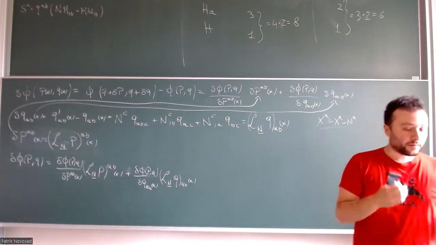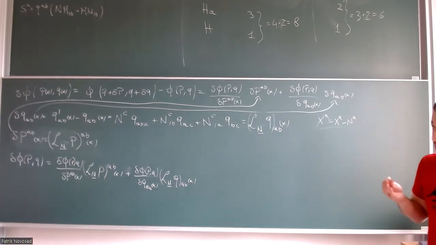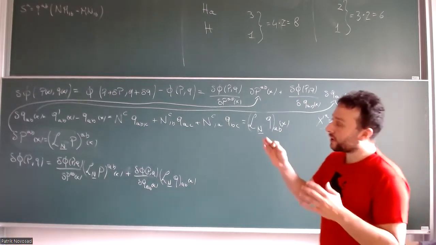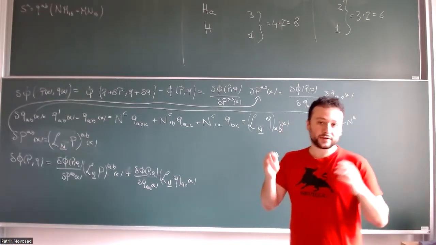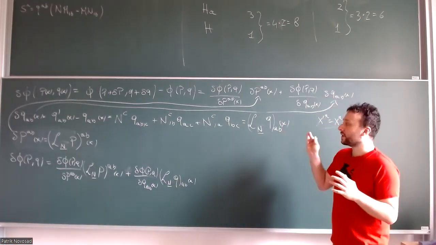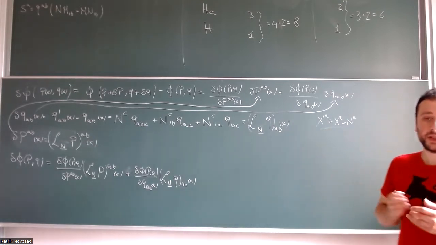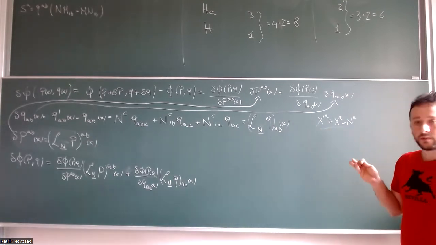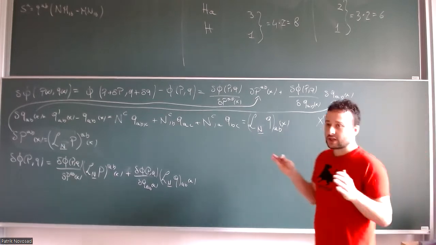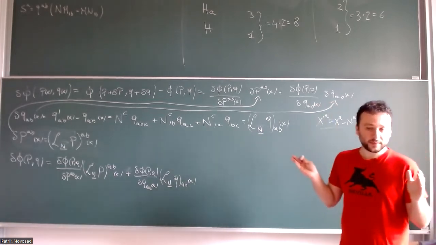And why is it important? Because we know that we have a well-defined symplectic structure coming from q and p, so that the symplectic form will be just dq wedge dp.